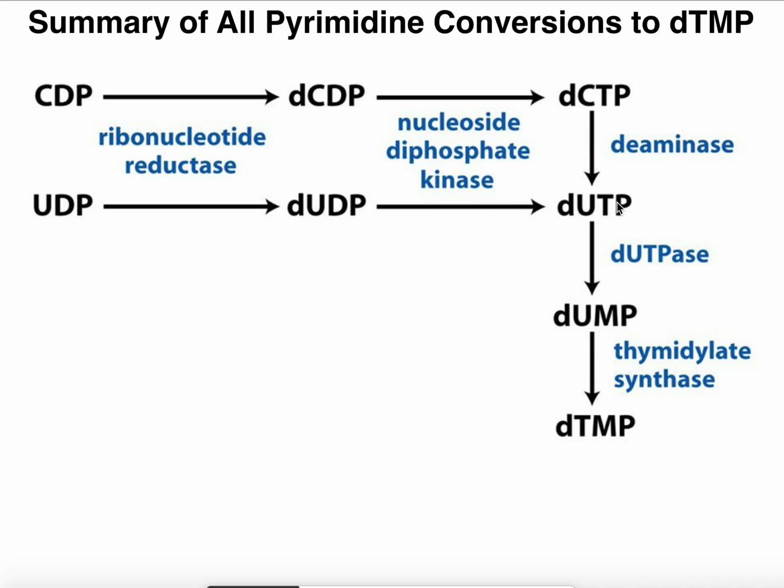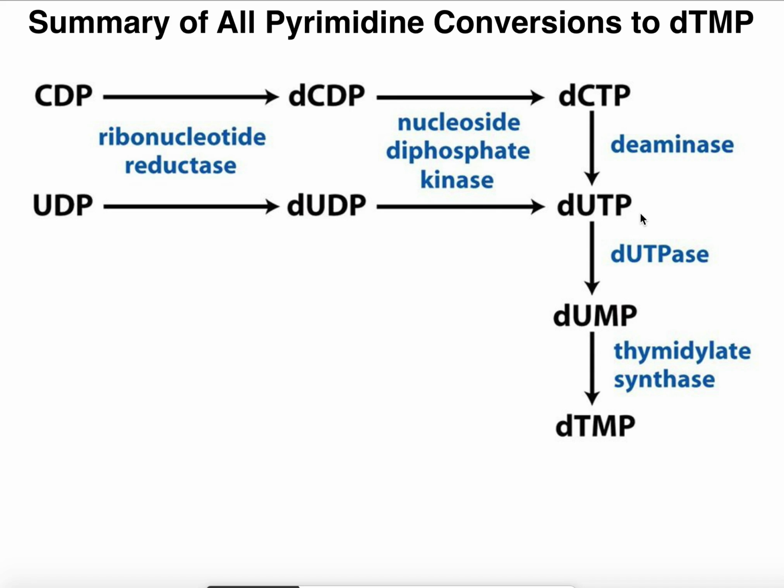All right, now, again, you can't just take this uracil here and convert it to thymine, because the enzyme that's ultimately going to do that, called thymidylate synthase, will only act on the monophosphate form. So this dUTP is going to have to be hydrolyzed into its monophosphate form by an enzyme called dUTPase. So dUTPase is really just an enzyme that's there to get you this dUMP, as we often call it.